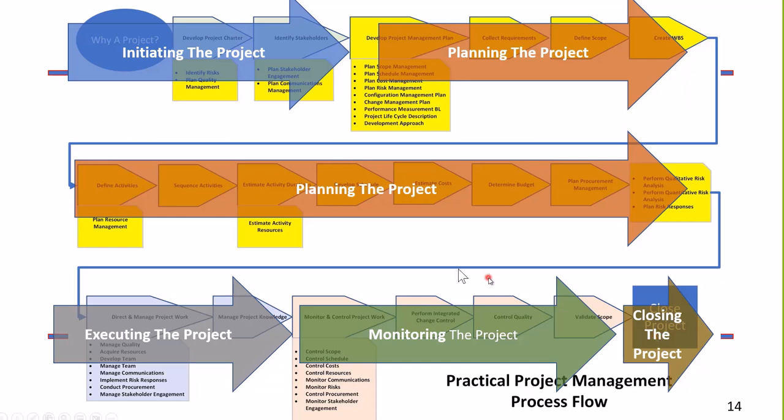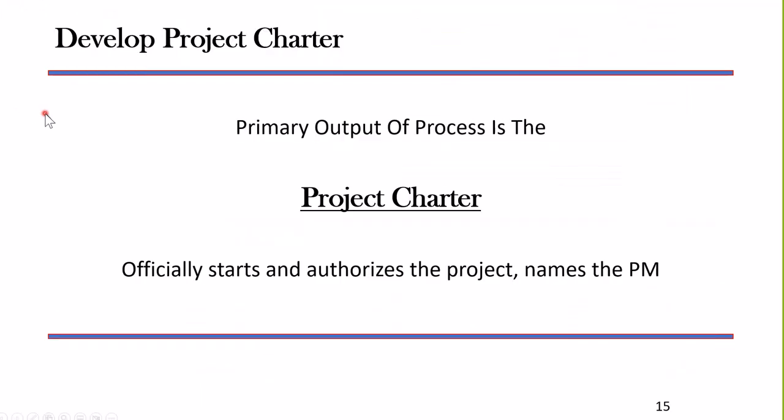This is what we're going to talk about today. To initiate that project, first thing we have to have is a project charter. By the way, Agile needs a project charter too. That says, I have a project. But it's a little bit different for a traditional project in that it specifically names the project manager by name, establishes their level of authority.